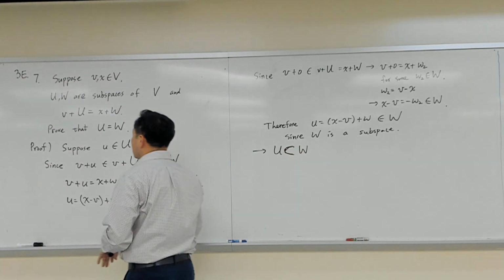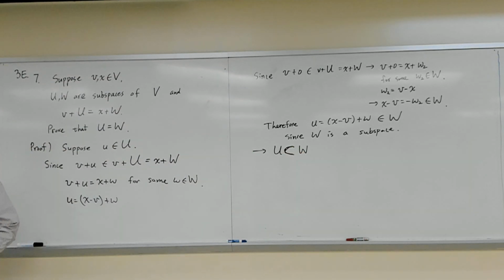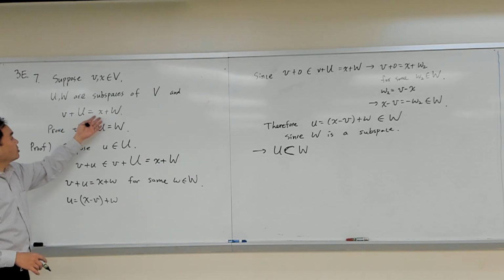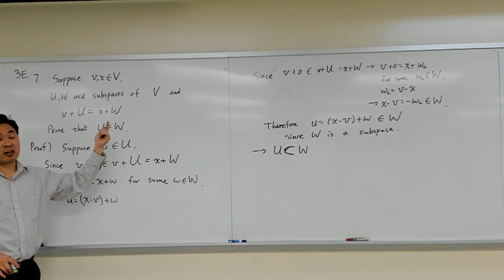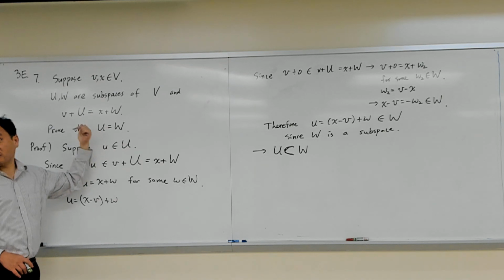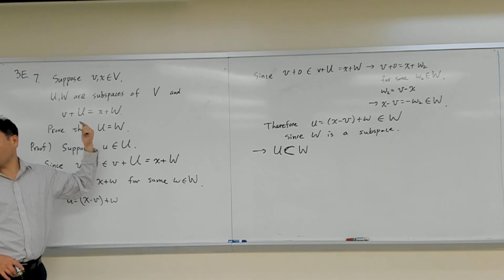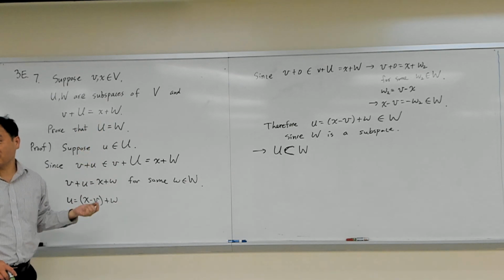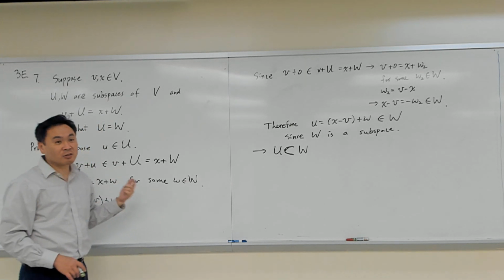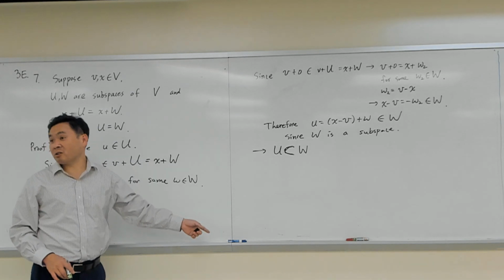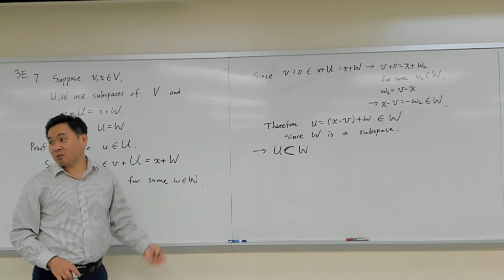And because the original statement doesn't change if you switch x and v and U and W, the statement doesn't change if you change both letters at the same time, right? Switching this and then just copying all the arguments down will give you the opposite inclusion.